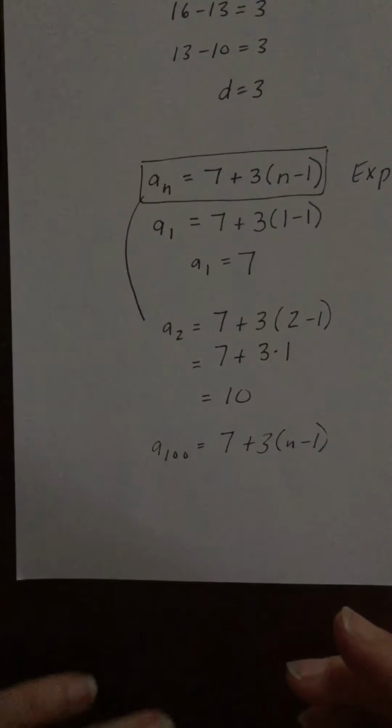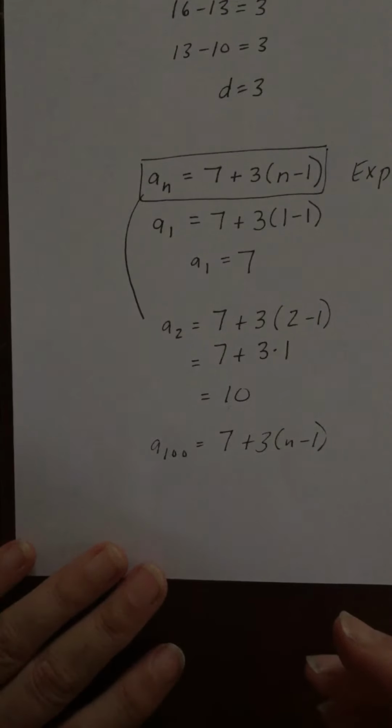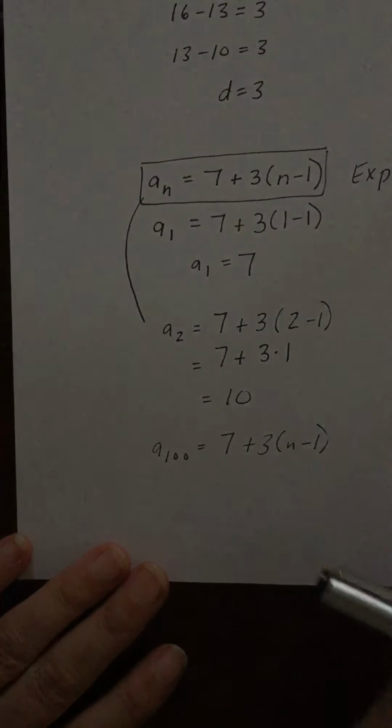I want you to contrast this with another type of definition, which is called a recursive definition. The way a recursive definition works is that it generates things from the previous term. So let's write that here, recursive.